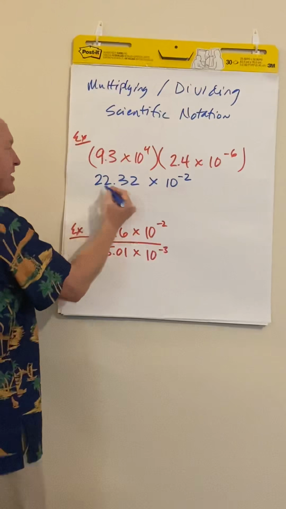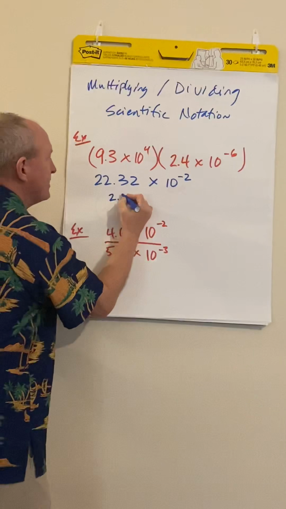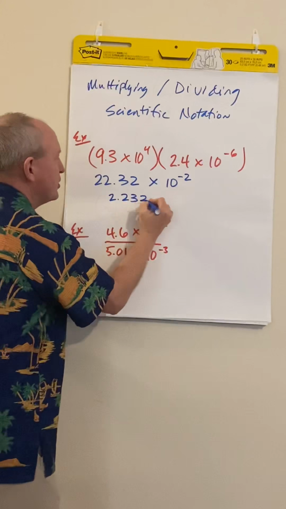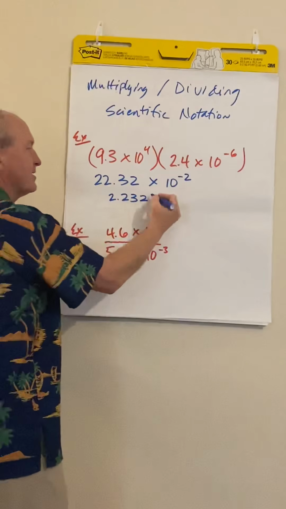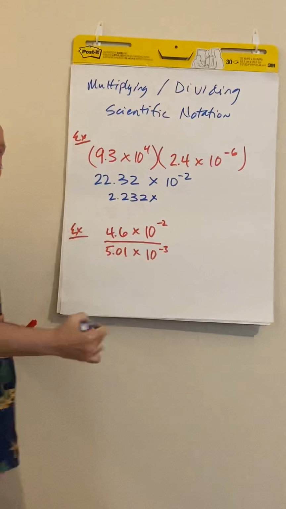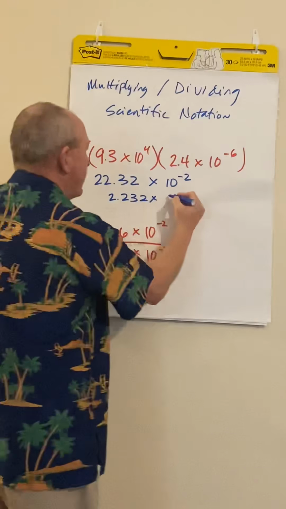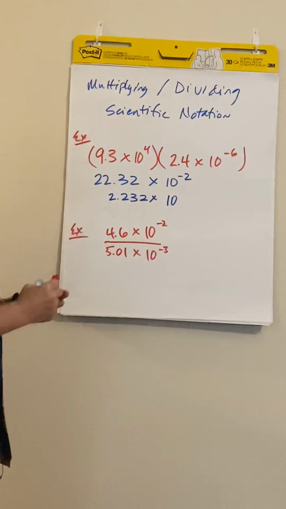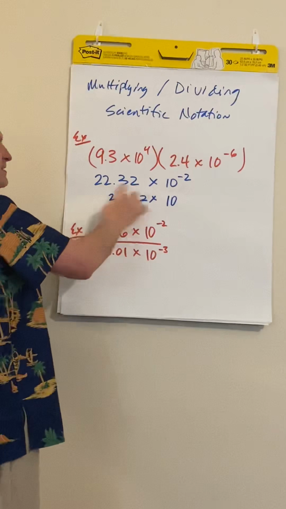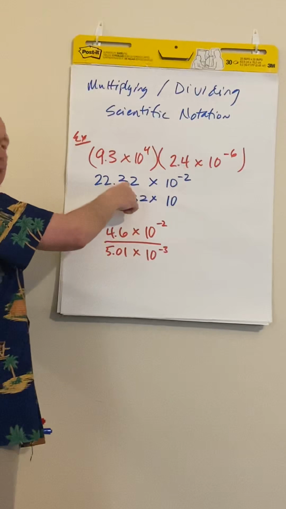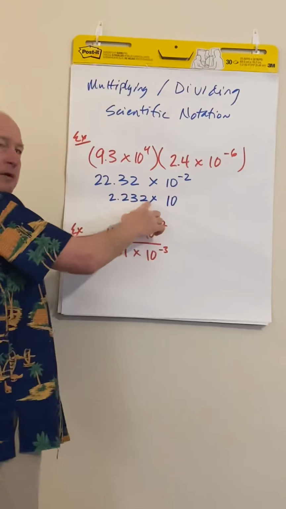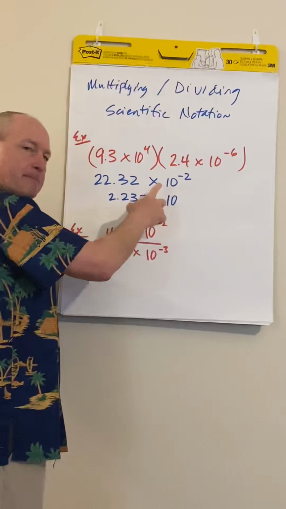All right, so we're going to change this number to 2.232. Move that decimal one place to the left. Now, here's how you figure out if the exponent is going to get bigger or smaller. We made this number, 22.32, smaller. So we got to make the exponent bigger.